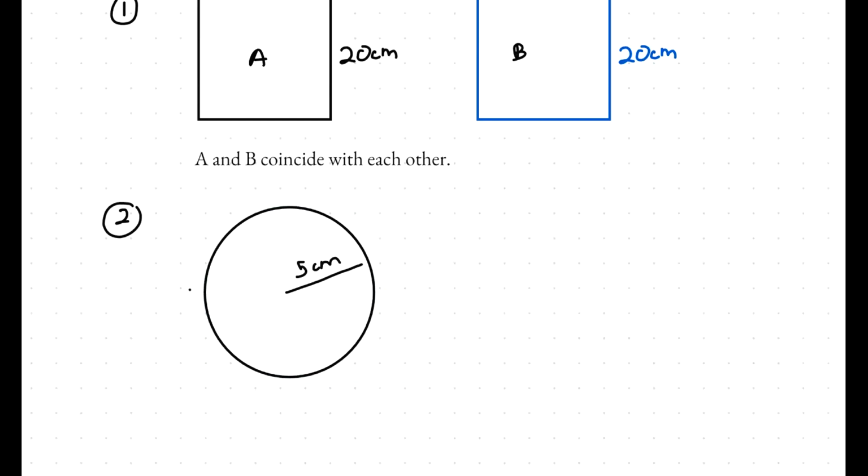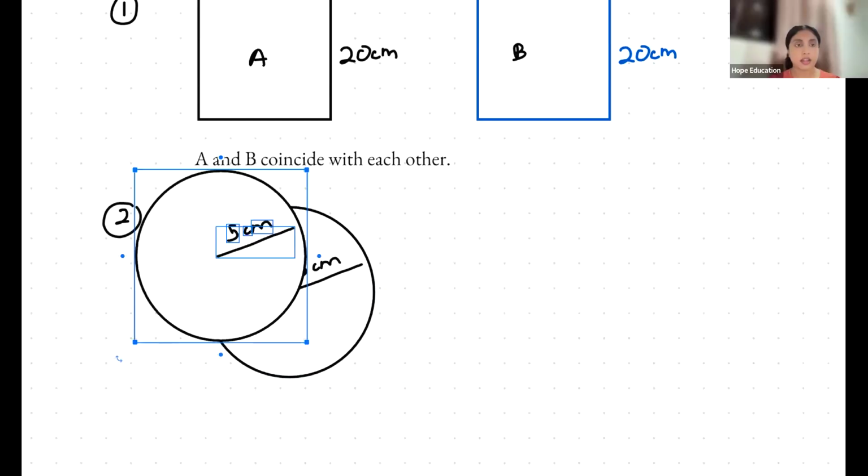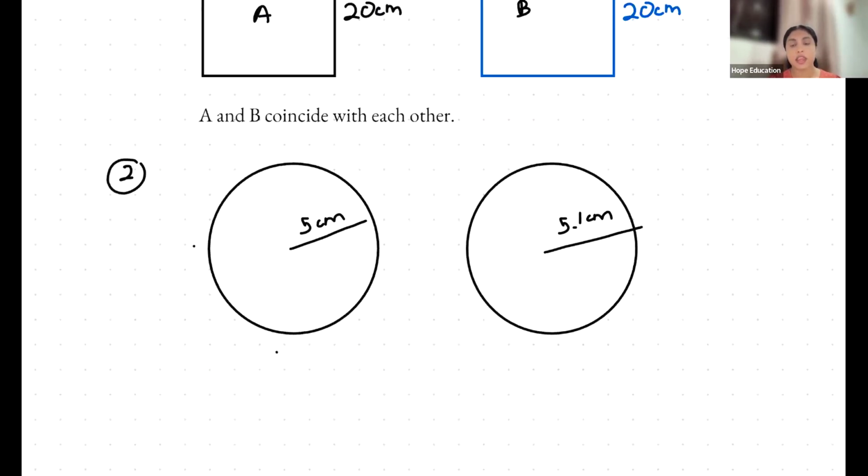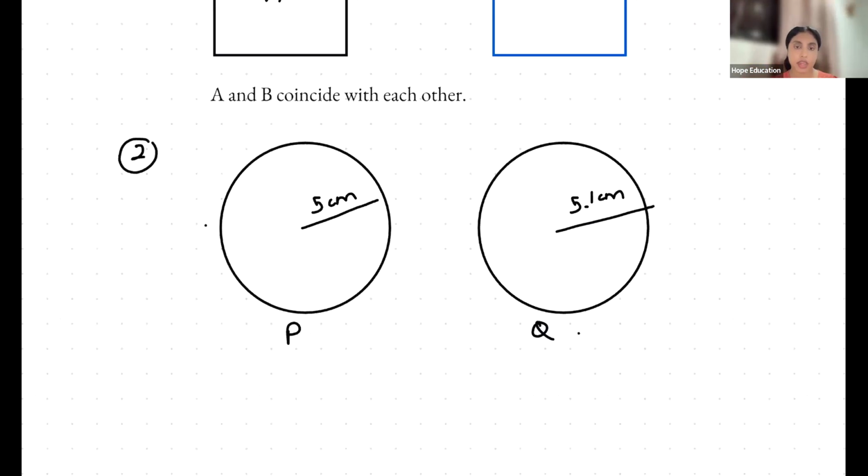I have another circle of radius 5.1 centimeters. I will say this is P and this is Q. If I keep them on top of each other, will they properly coincide or will they not fit? Not coincide, not fit. Okay.